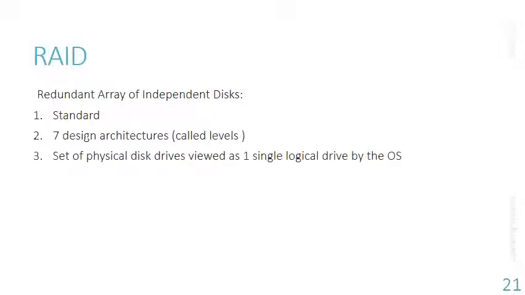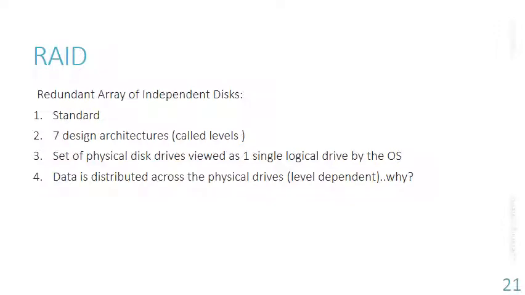Maybe there are more now in the new version. And you can see that it's one single logical drive seen by the kernel, right? But it is physically a set of different disk drives. The whole idea is, depending on the level, the architecture that we're using, one of the 7 options that we have, the data could be distributed onto the different drives.